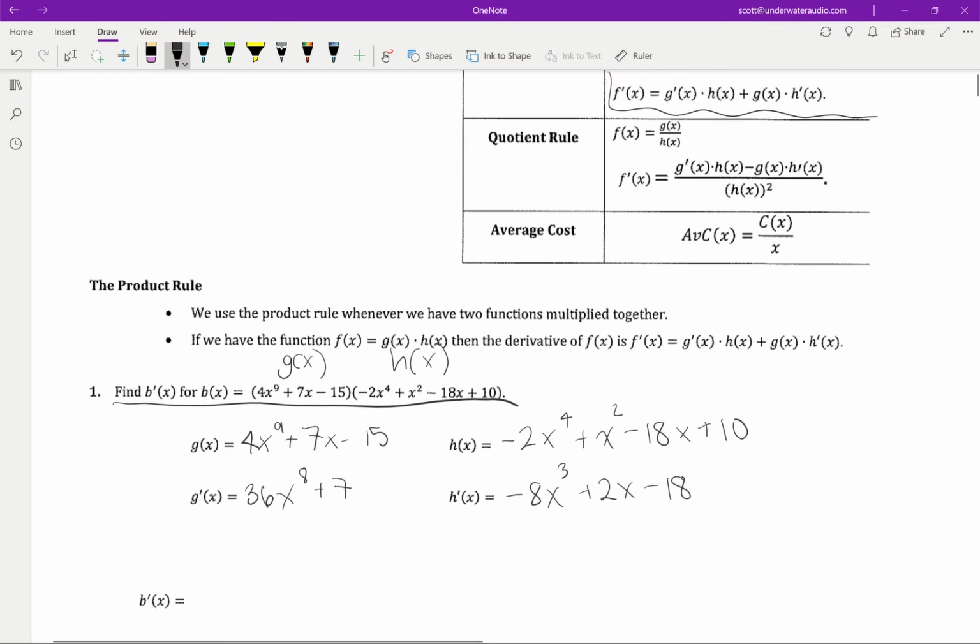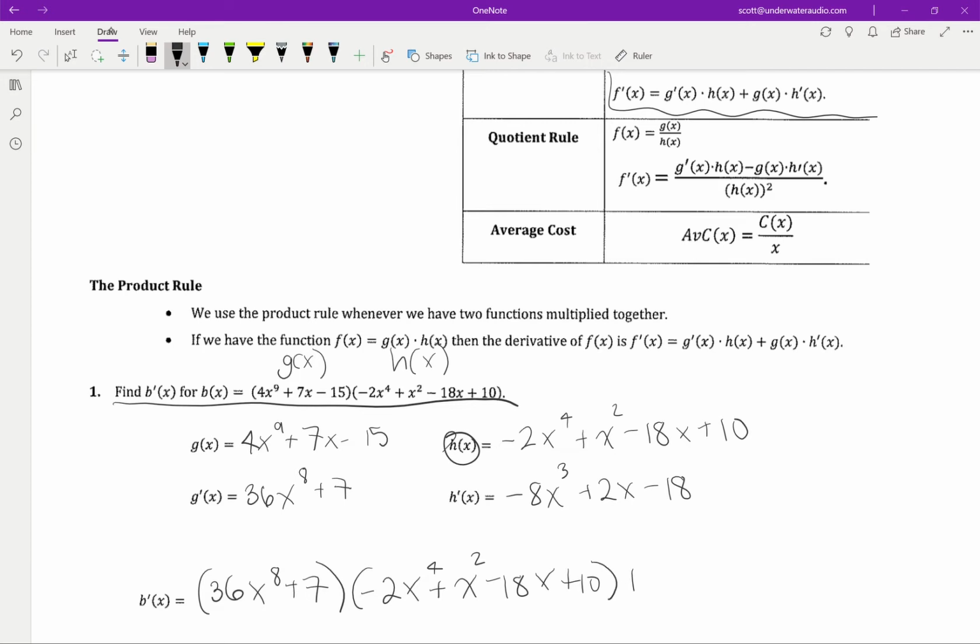So now I'll use this rule up in the top right corner of the screen, and I need g prime, which is 36x to the 8th plus 7, times h of x, which is over here. So minus 2x to the 4th plus x squared minus 18x plus 10.